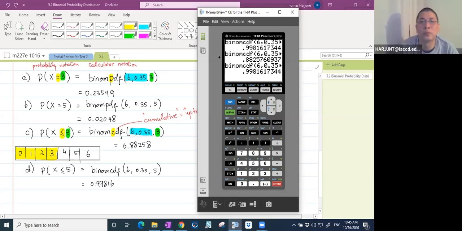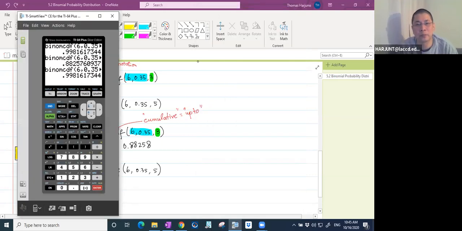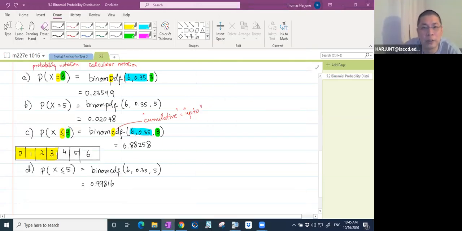Okay, now let me go on. Two more variations. First one, what is the probability that x is less than 3, for example? The number of tails is less than 3. Not up to 3, but less than 3.